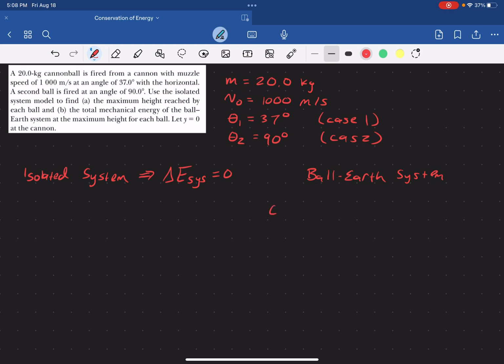For case 1, it might look something like this. So we have our ground. We've got the ball at its initial state, we'll call that state A. And it goes up to its peak at state B. And our system includes the Earth, which is that bottom line.